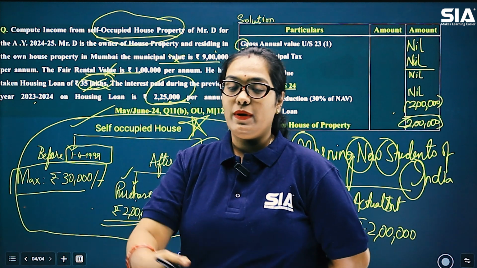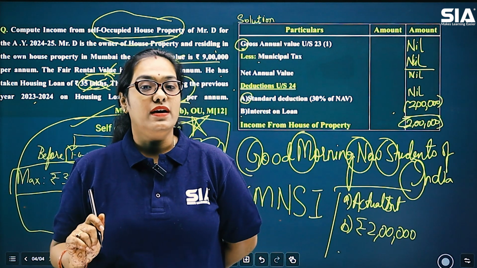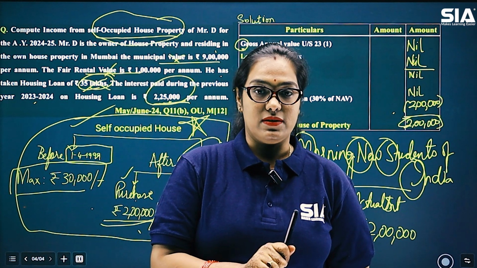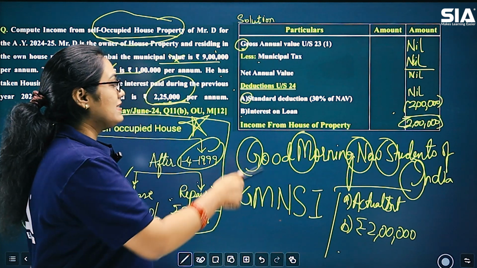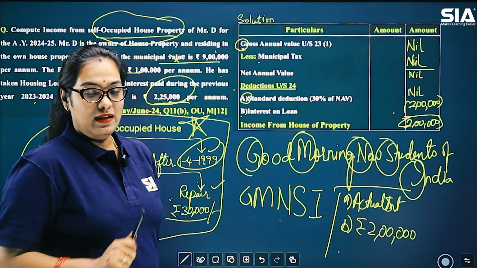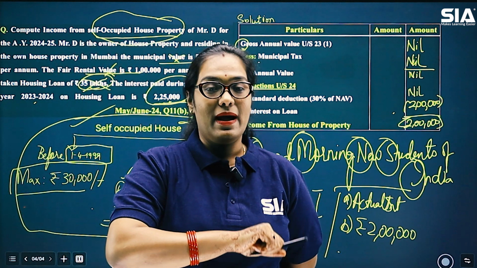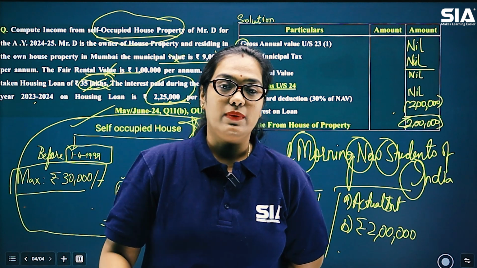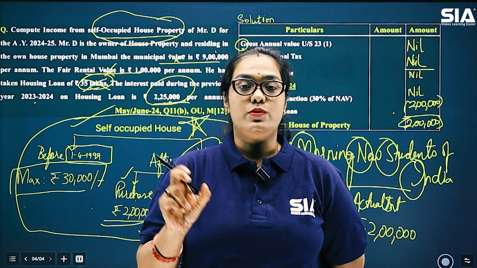Now, another thing for my students is that sometimes questions on self-occupied house are asked. Sometimes questions on let out house property are also asked. Now, you need not fear about it. As I told you, this is one standard pro forma that will stay throughout Unit 3, and it will be equally applicable in case of let out property also. In the next coming videos, we will be solving problems on let out house property.